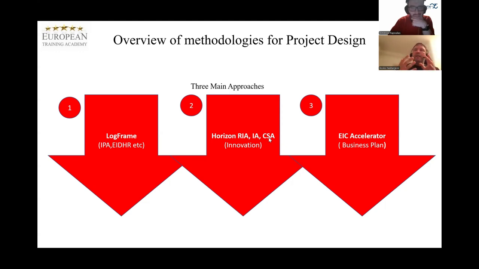But this approach of designing a business plan, and the complication that we have, that this business plan essentially needs to address EU policy objectives, creates this huge challenge for the proposal designers for the accelerator, because it's contradictory to the typical business plan design focused on achieving high profits, to try to include in achieving high profits the EU added value.